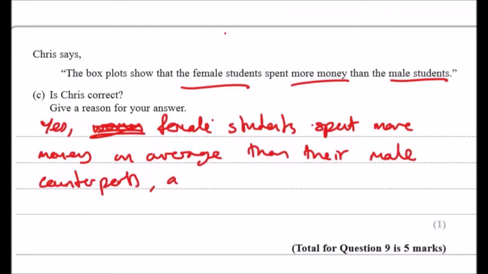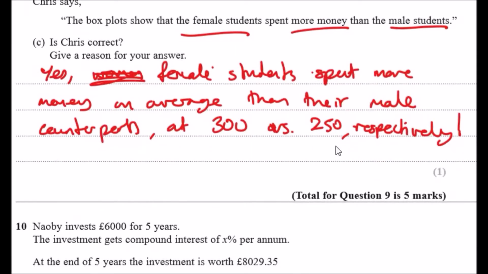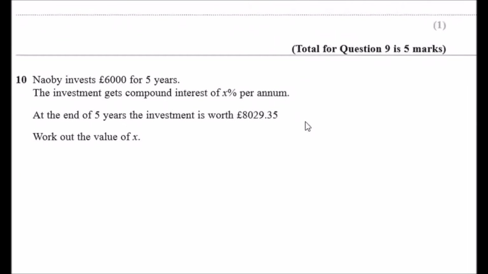And at 300 and 250 respectively. So yeah, just say it in your own words. I admit this reasoning kind of sucks, but hey, more or less, females spend more than males on average at 300 against 250 respectively. That's clear enough for anyone to understand it.